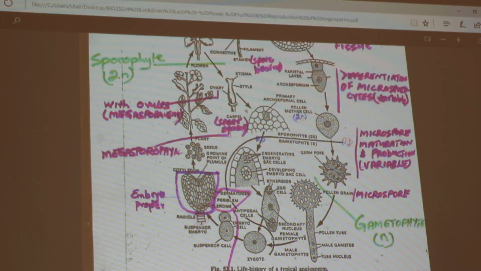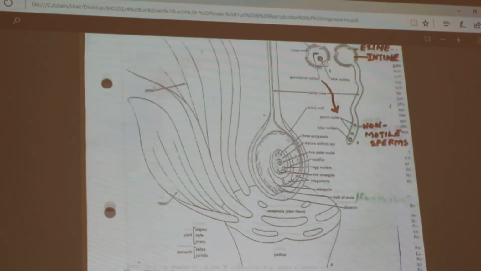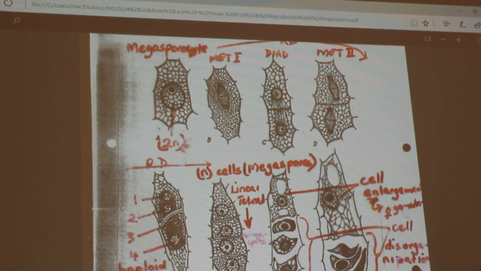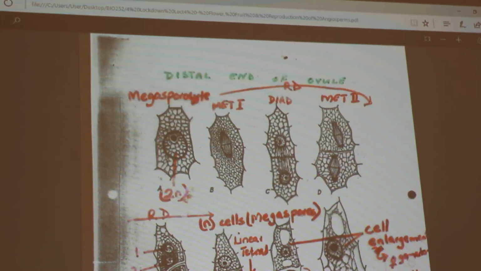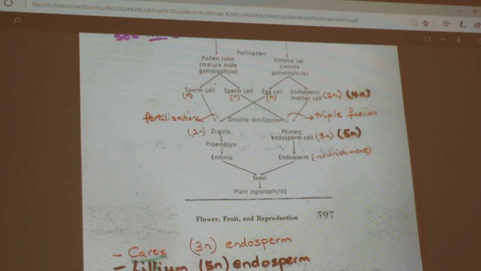Please practice the diagrams I gave you earlier in a way that will be easy for you to reproduce in a test situation. And always show which side is the micropylar end, which side is the distal end.